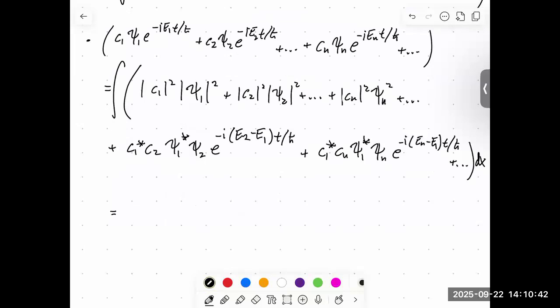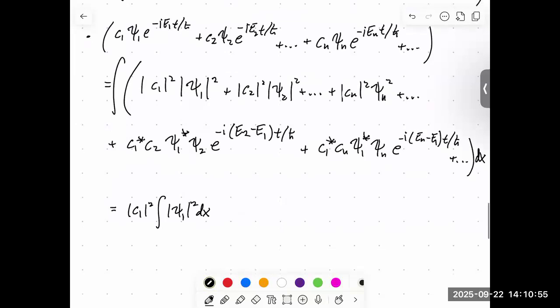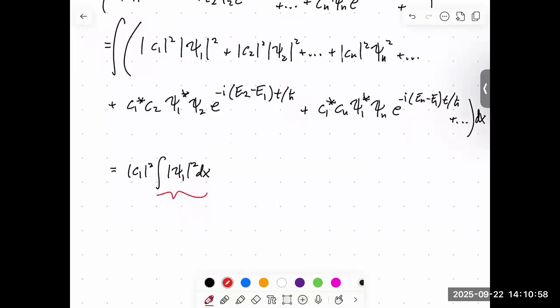So this is going to be equal to C1 squared integral psi1 squared dx. So first of all, what's this integral going to be equal to? 1. So if these are normalized stationary states, then the square of psi1 is a probability density. What's the probability of finding the particle at some position? If we look over all space in our domain, then that probability has to be 1.